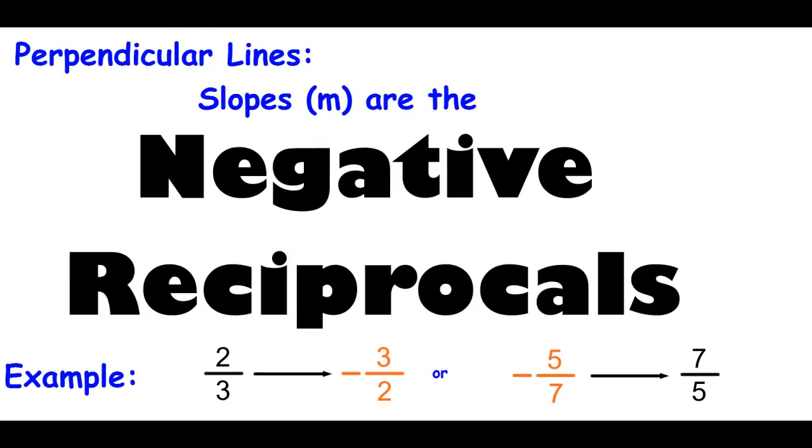I've given you two examples of what that means. 2/3 is your original equation's slope. The perpendicular of that would be a negative 3/2. In the second example, you have a negative 5/7 for the original line. Your line that you're creating is going to be a positive 7/5.